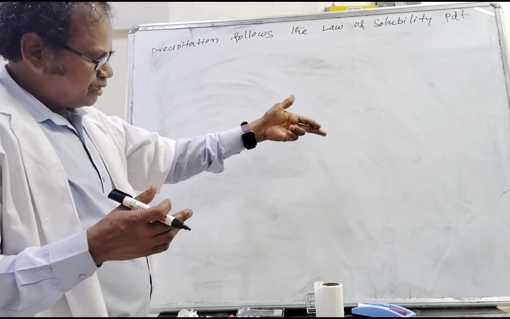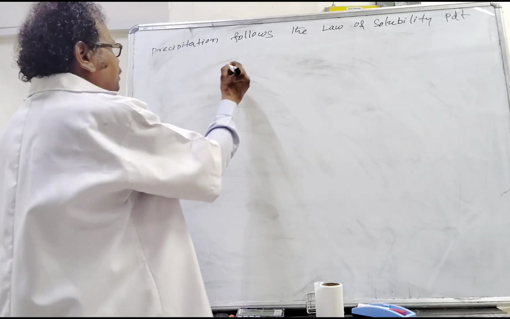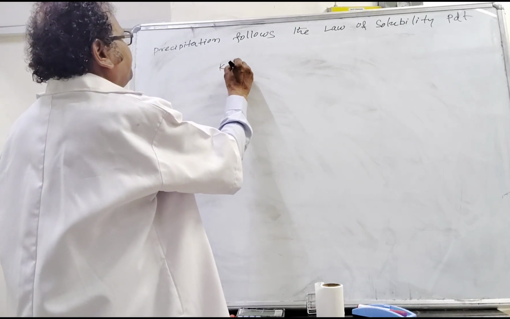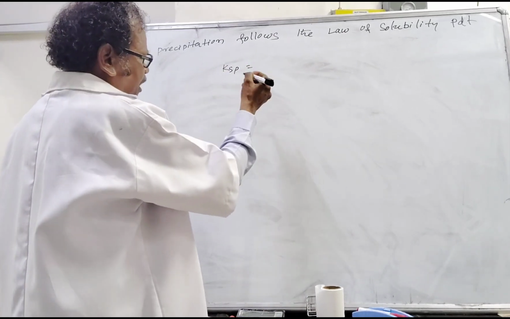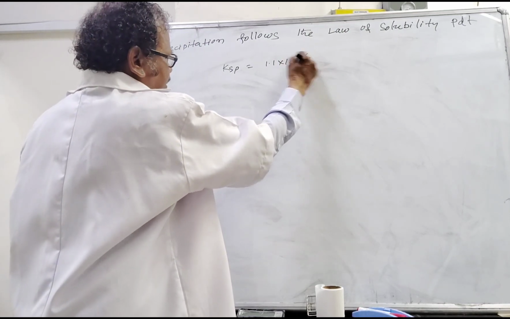We have discussed the ferric hydroxide. The Ksp value of ferric hydroxide is 1.1 into 10 to the power minus 36.